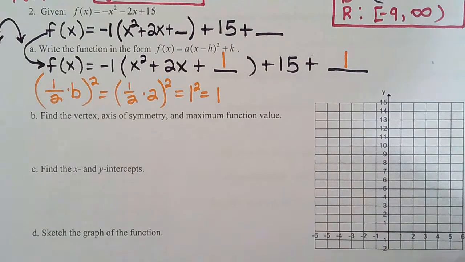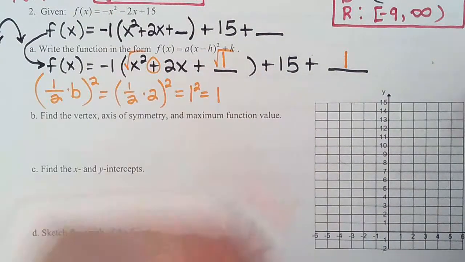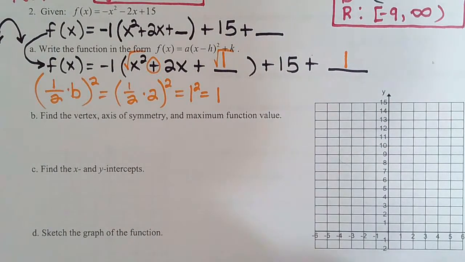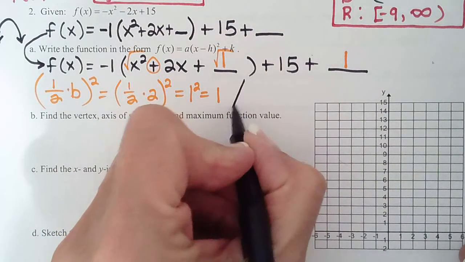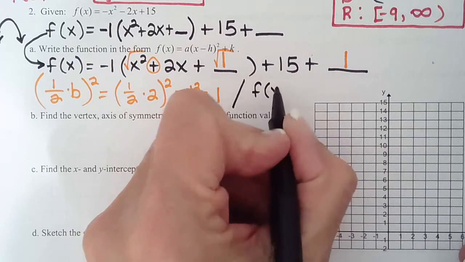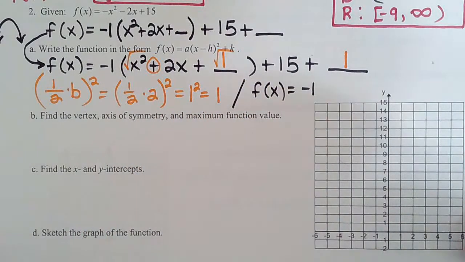Okay, so let's do our fast little factoring here. So we have -1 in the front, which tells me my parabola is going to cut downward.